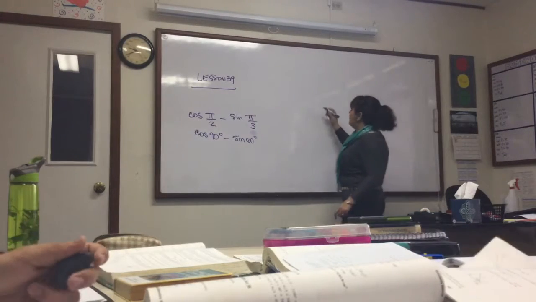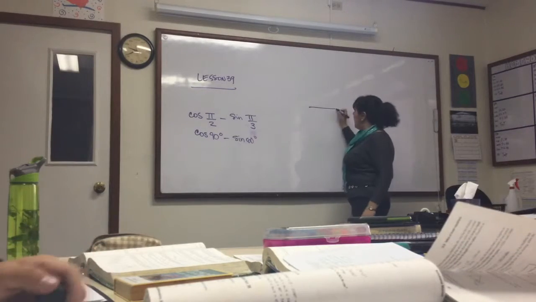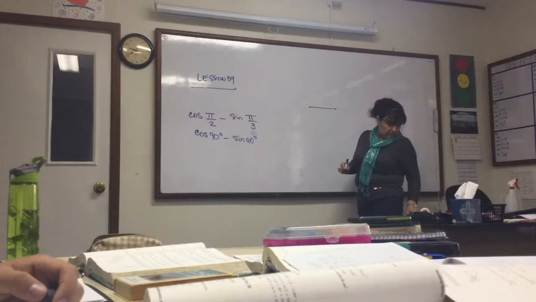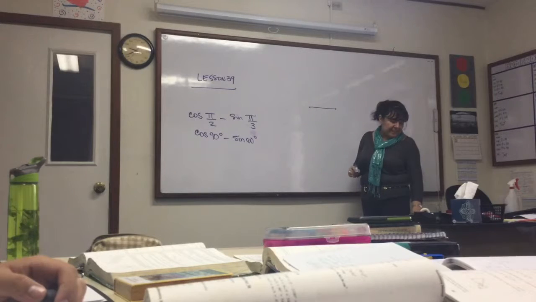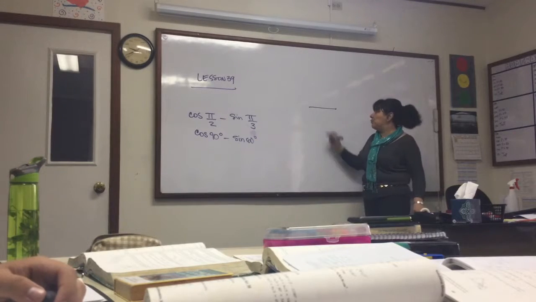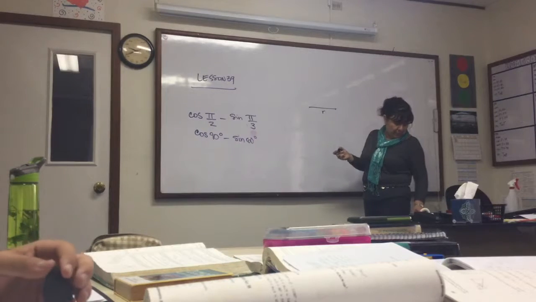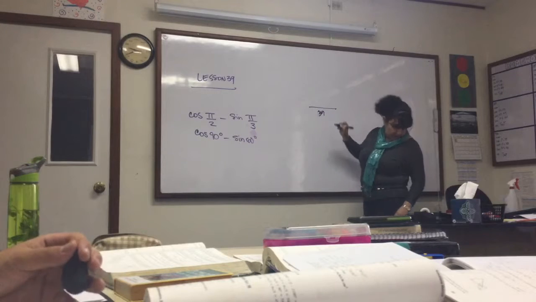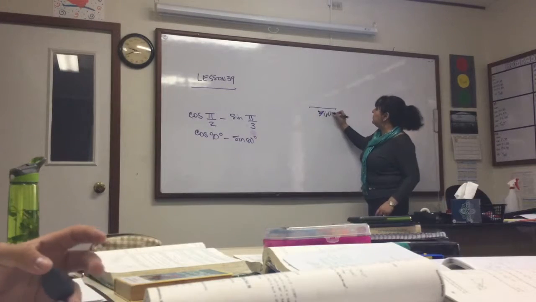Okay, so they're telling you that the diameter of Earth is 7,920 miles. So the radius is how much? Half of that, right? That would be 3,960 miles.